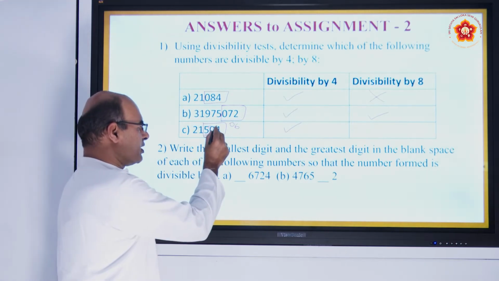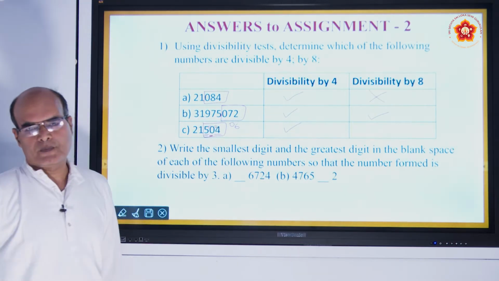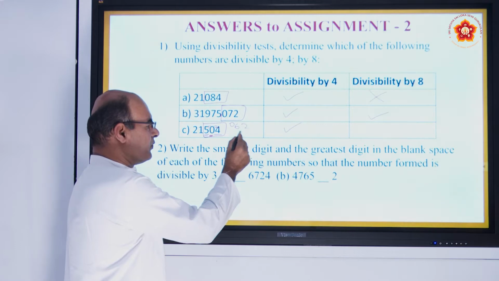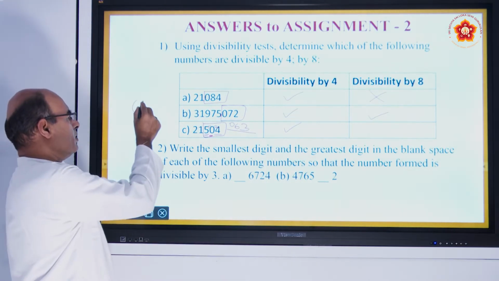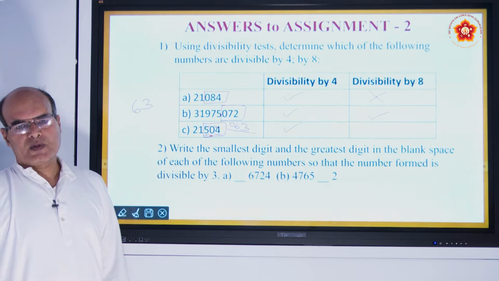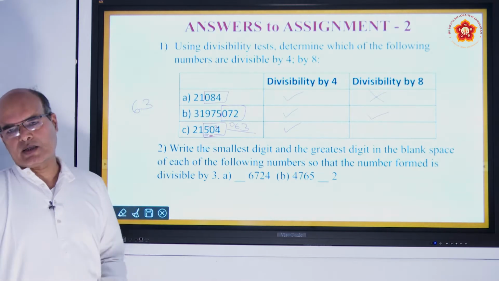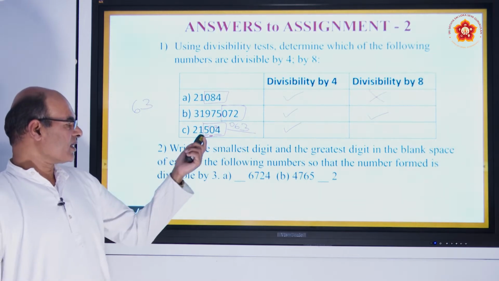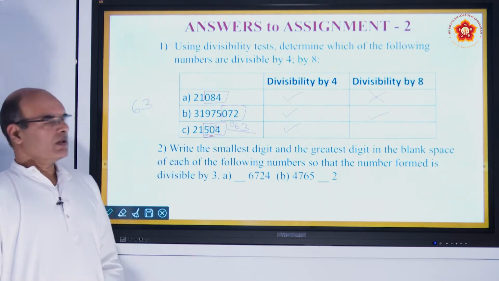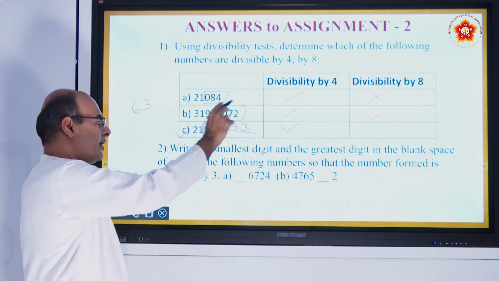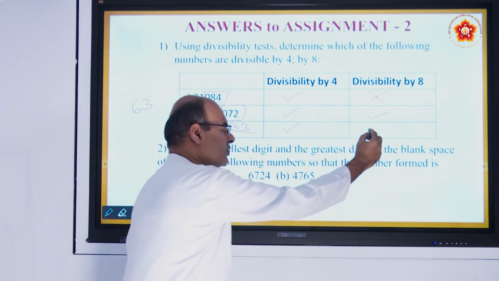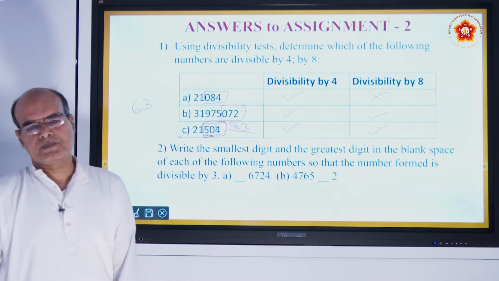It goes to the next place and the next place becomes 24. And 8 3s are 24. So we write 063, which is nothing but 63. That means 8 63s are 504. So the number formed by the last three digits is divisible by 8. Therefore this entire number is also divisible by 8.